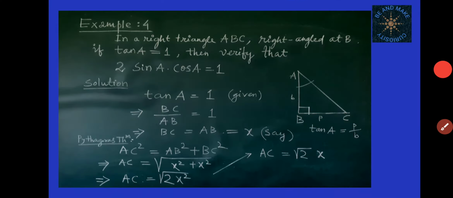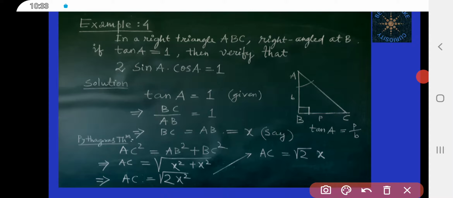Next, see Example 4. In a right angled triangle ABC, right angled at B, if tan A is equal to 1 given, then verify that 2 sin A into cos A is equal to 1. This we have to prove. Okay.